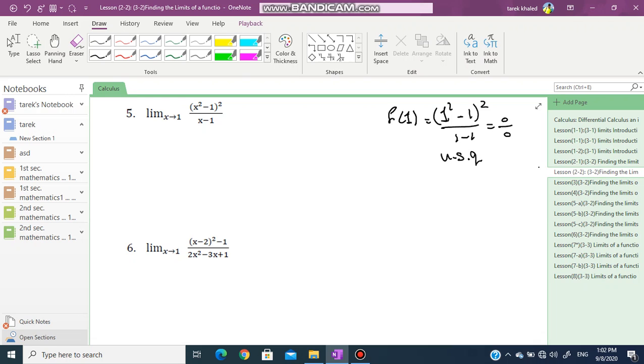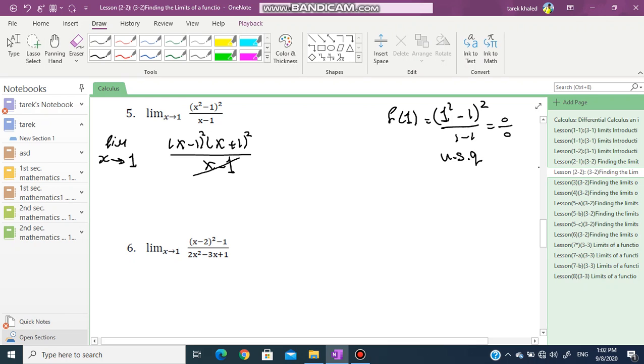So we will factorize the numerator. Limit x tends to 1, x^2 - 1 will be (x - 1)(x + 1), all to the power 2, so it will be (x - 1)^2 (x + 1)^2 over (x - 1), by cancelling the zero factor. We cancel one of the (x - 1).